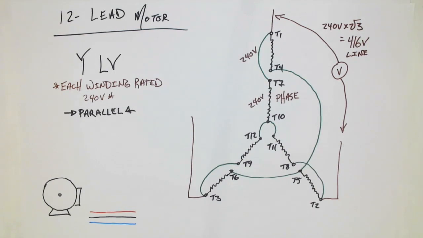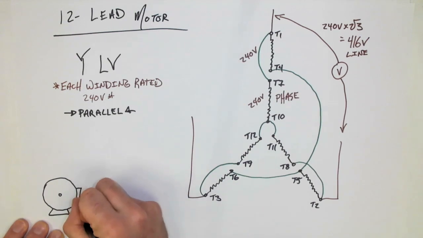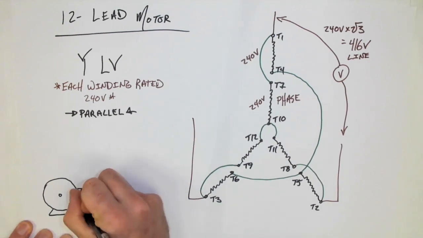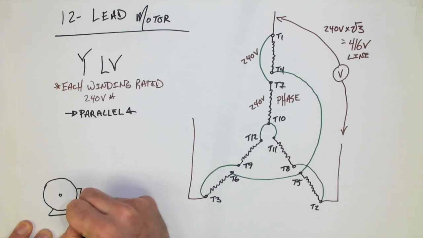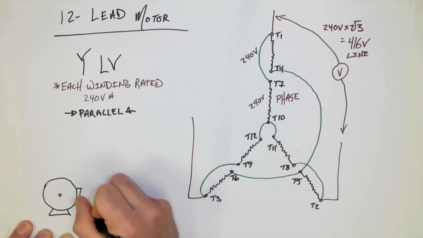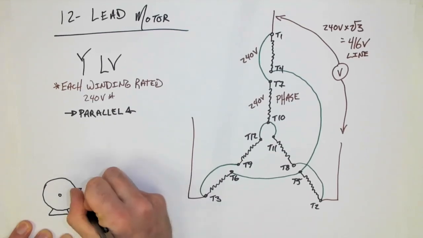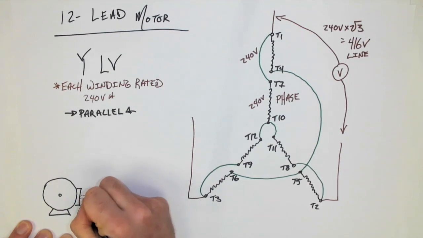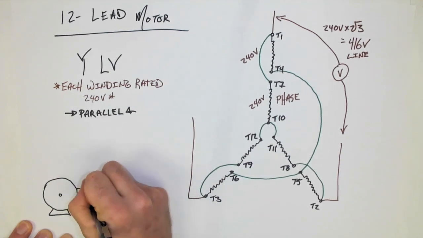So what happens for the connections down at the motor? Well, we have 1, 2, 3 wires that all connect together under a moret. This is my line, T3 and T9. So there are 2 motor leads that connect to each of my individual line conductors. So 1, 2, 3, and 1, 2, 3.